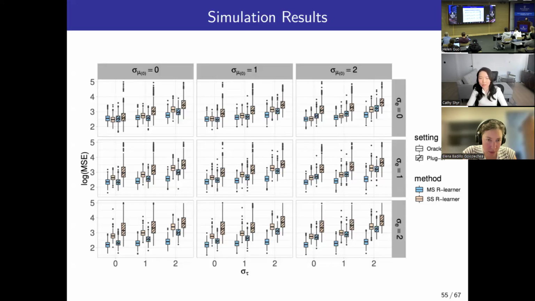Another thing I want to highlight is that if we hold the two parameters constant, but we vary sigma E, which is the between study heterogeneity in the treatment assignment probability, and move from top to bottom, we'll see that the blue striped box plot can sometimes do similarly or better than the solid peach box plot. What that means is that the plugin multi-study R-learner is more robust to the between study heterogeneity in the treatment propensity, even when we had to estimate the nuisance functions from data.